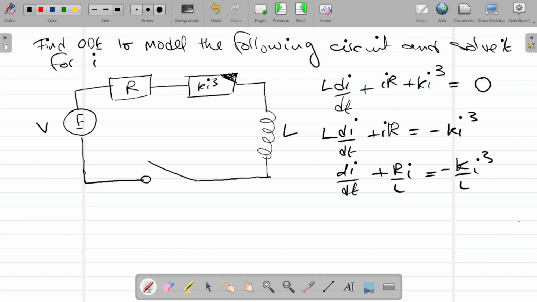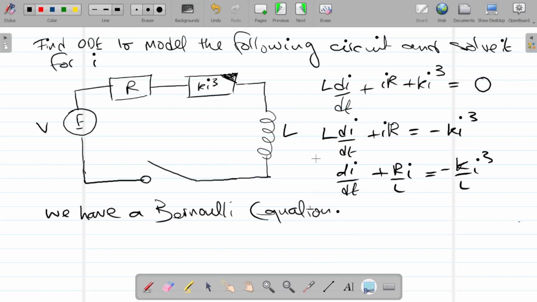Right, okay. So now what we see here, as in the previous video, we have a Bernoulli equation. So how do we solve this equation? Well, it's similar to what we solved in that previous video.